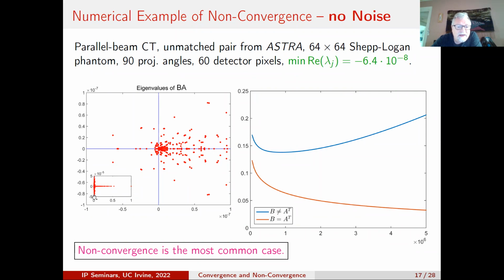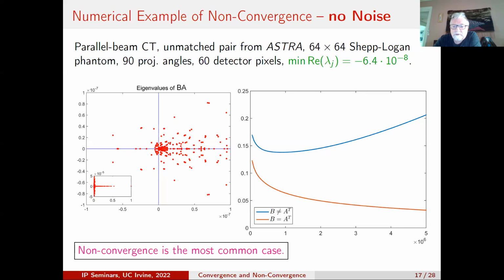Here are all the eigenvalues, but if we zoom in on the origin, you see we have a bunch of small eigenvalues over here with a negative real part. And then you might say, well, does it really matter? These are tiny eigenvalues.